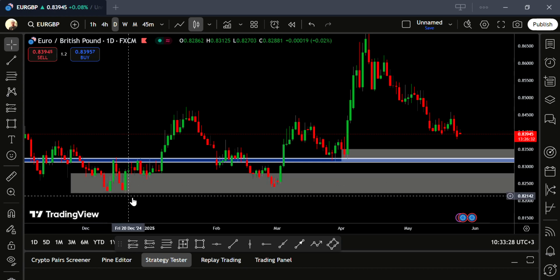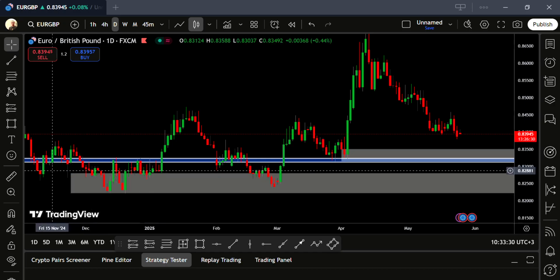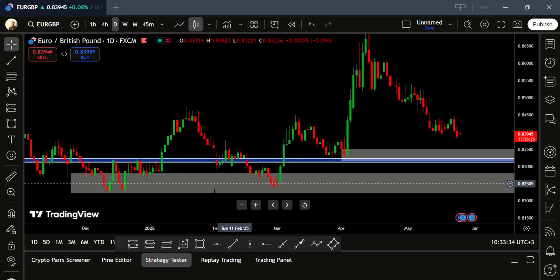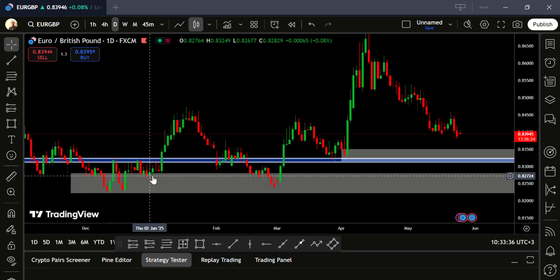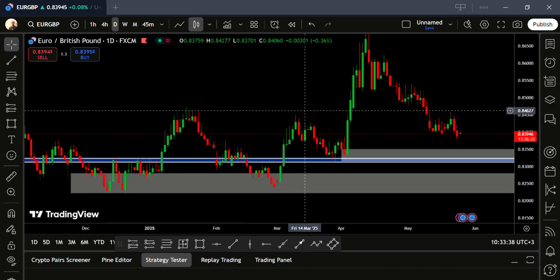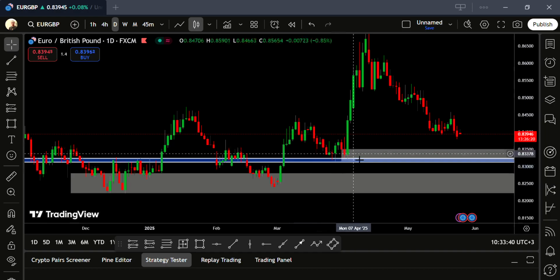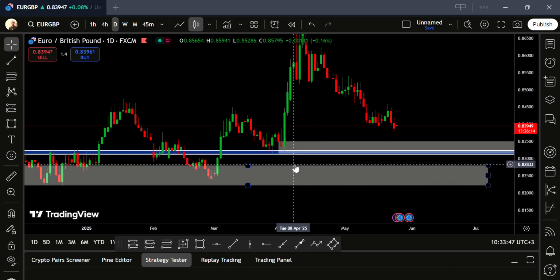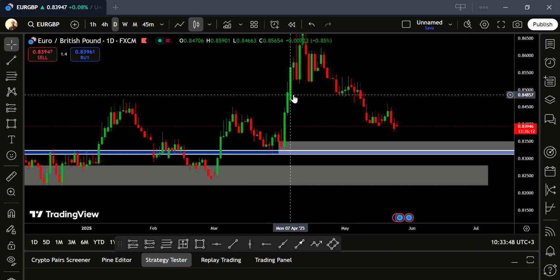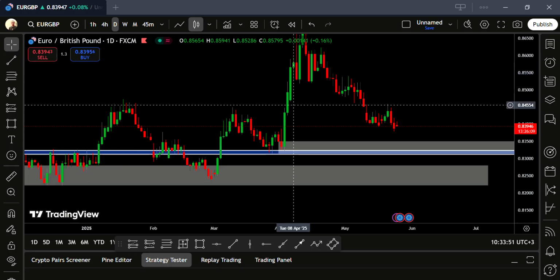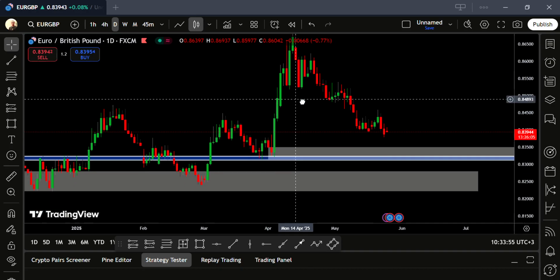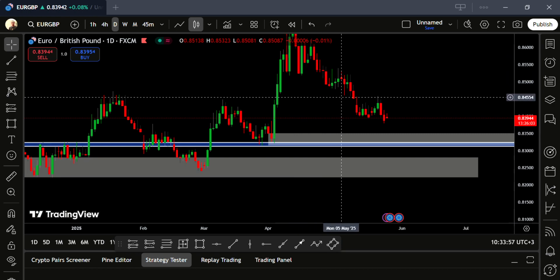So they formed a double bottom here, formed the head and shoulder, went up, came down to retest on the shoulder, and then made a head, then went up. So we formed a base here, a very clear base. Okay? And then we made a bullish engulfing candle, formed another green candle, formed another even bigger candle, followed with another even bigger candle to the upside. And then from that time we have been retracing.